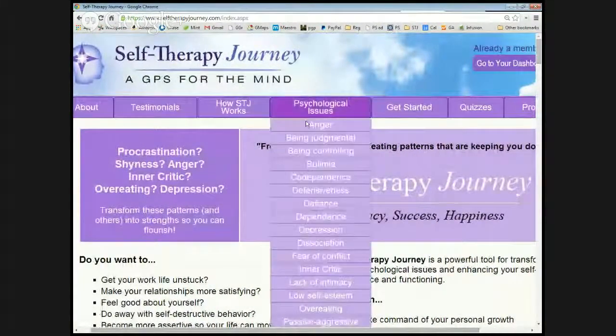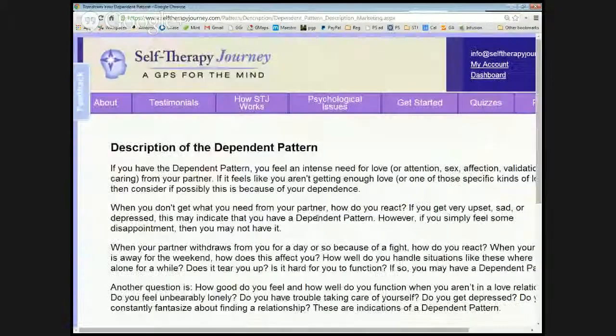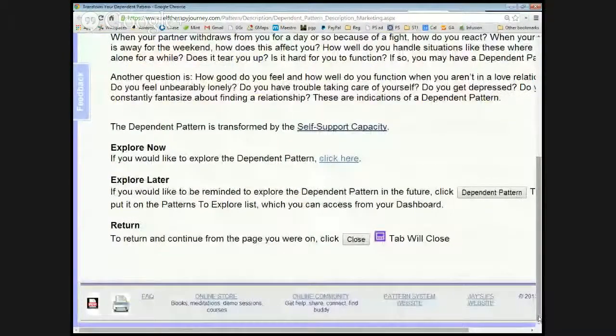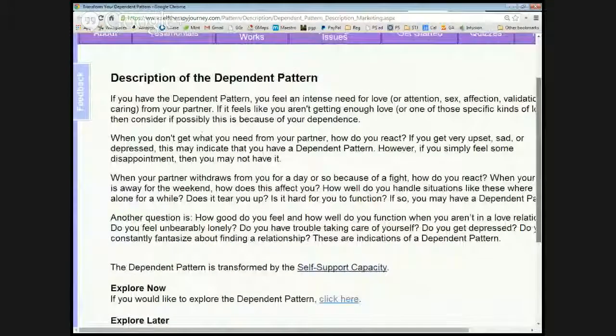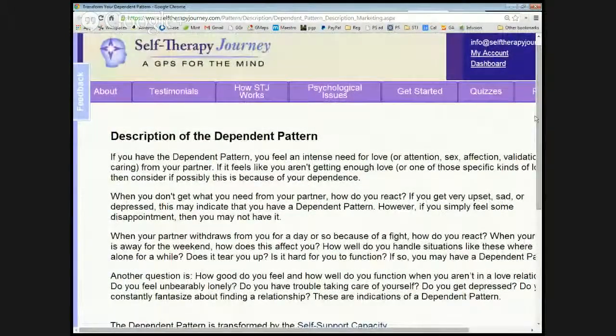And you can see that there's a list of psychological issues here that somebody might want to work on. So if their issue is here, like suppose they tend to be dependent, they can click on this. That takes them here to a description of the dependent pattern, and this shows it this way because I'm logged in.